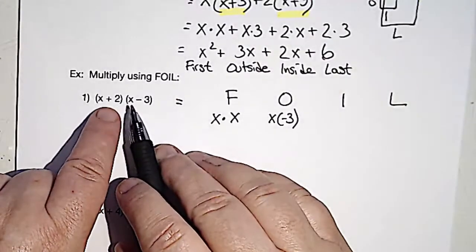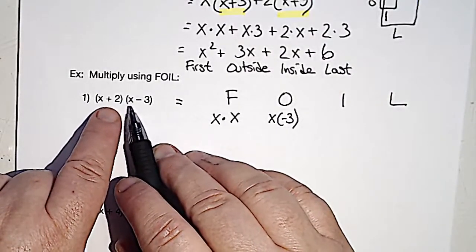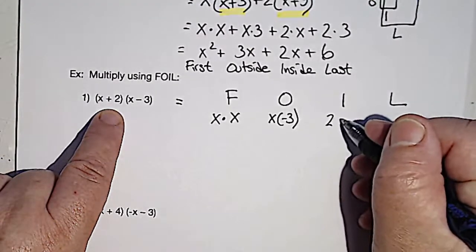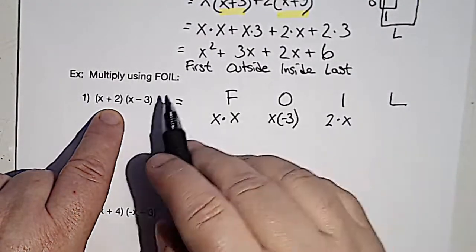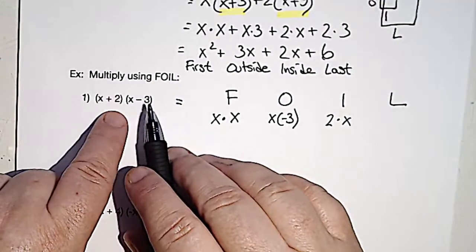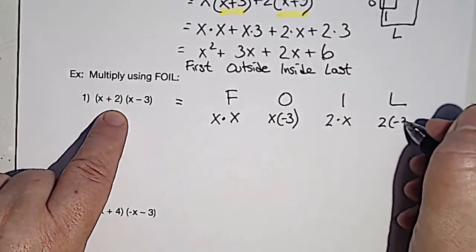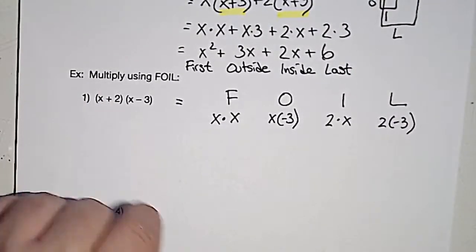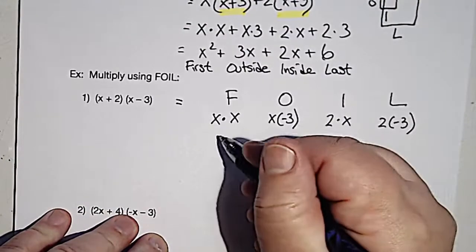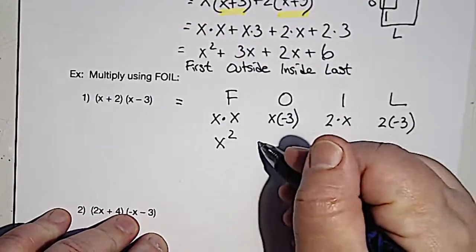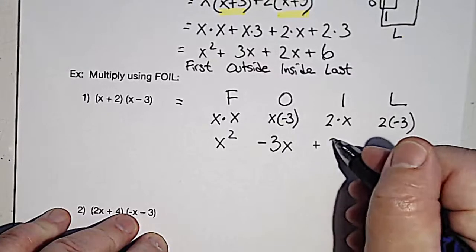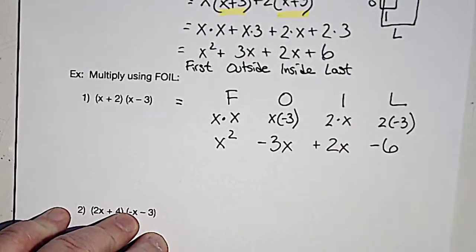The inner or the inside, that's the 2 and the x, the ones that touch in the middle. And then last, the two last ones, 2 times -3. Okay, that's what you're going to think in your head. And then what you're going to write down is x squared minus 3x plus 2x minus 6.